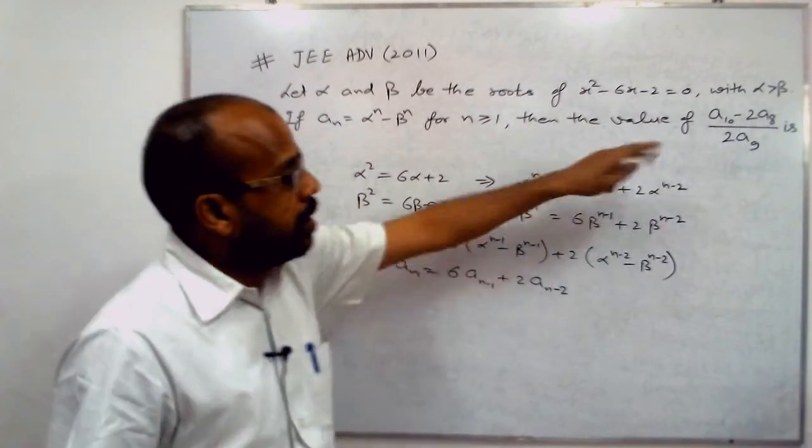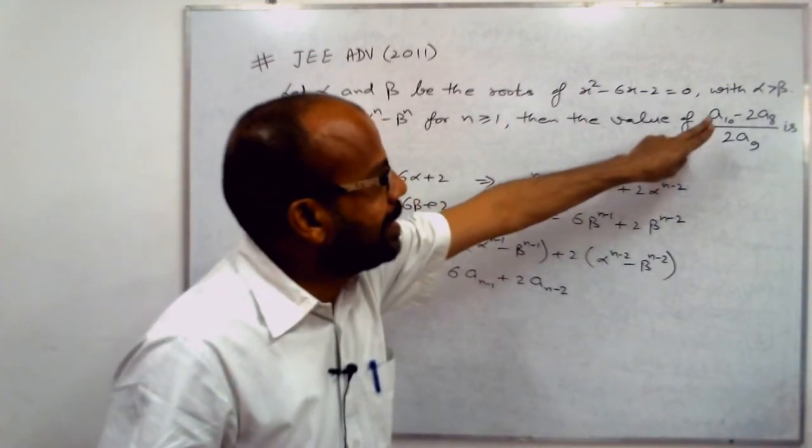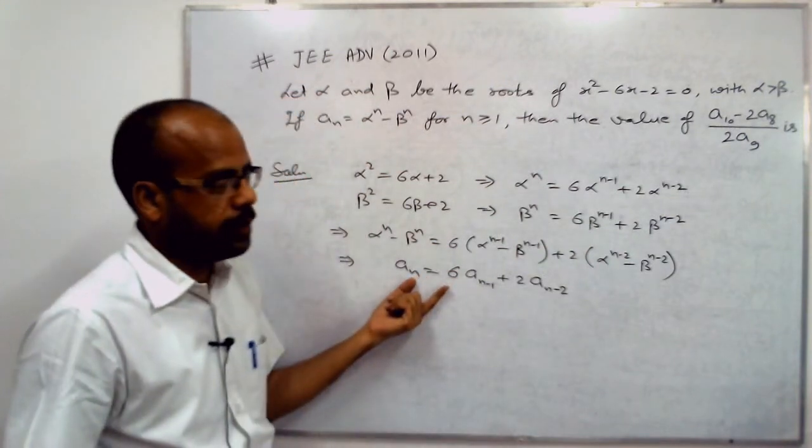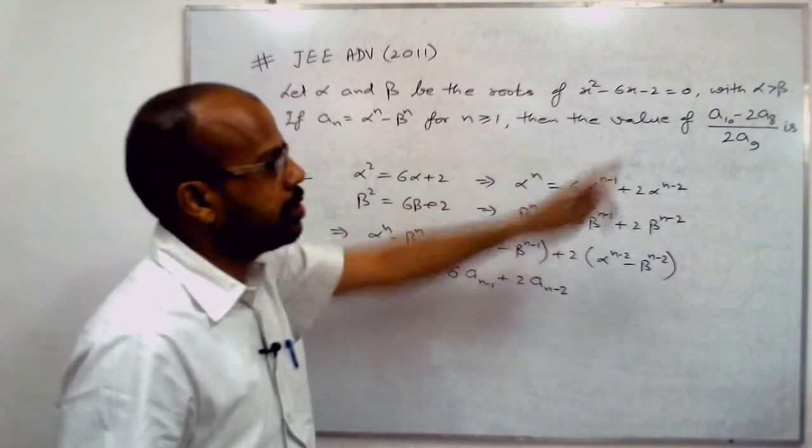Now if you see what is required, it is a very simple application of the recurrence formula. Just simply put n is equal to 10.